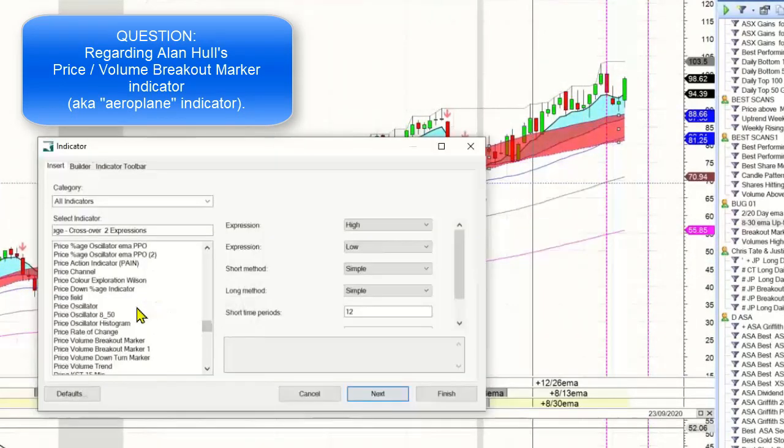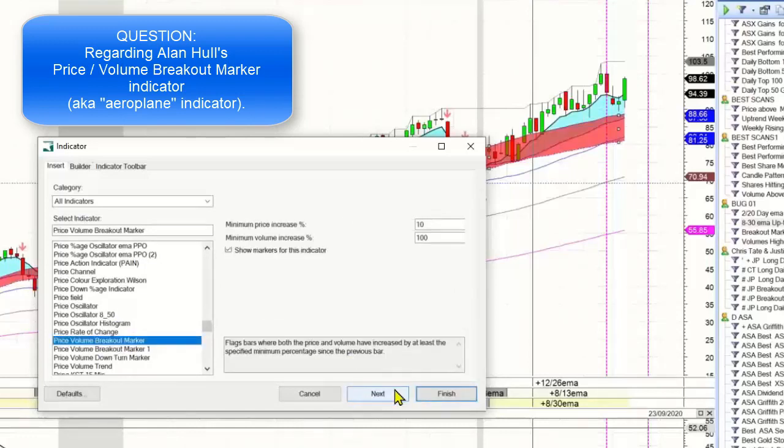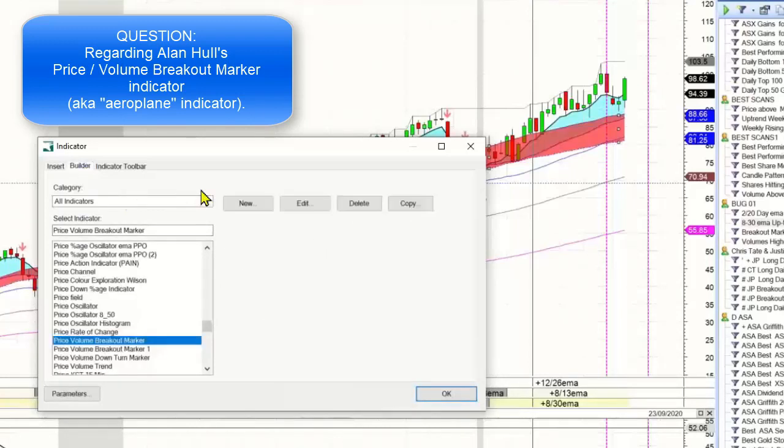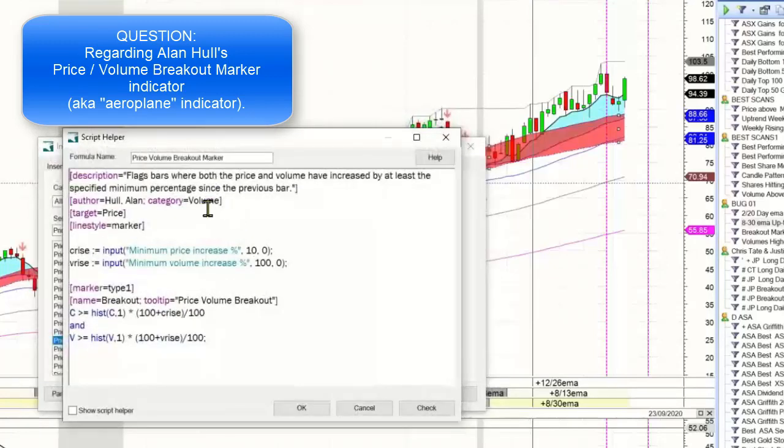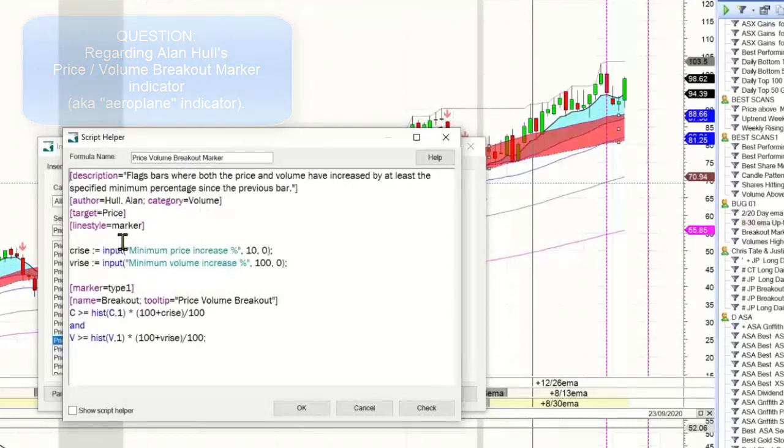Righto. This is a price and volume breakout marker, it's called. If you look at the builder and edit, its description flags both price and volume increase. It's put in by Alan Hull, and you can vary this, but that's the breakdown of it.